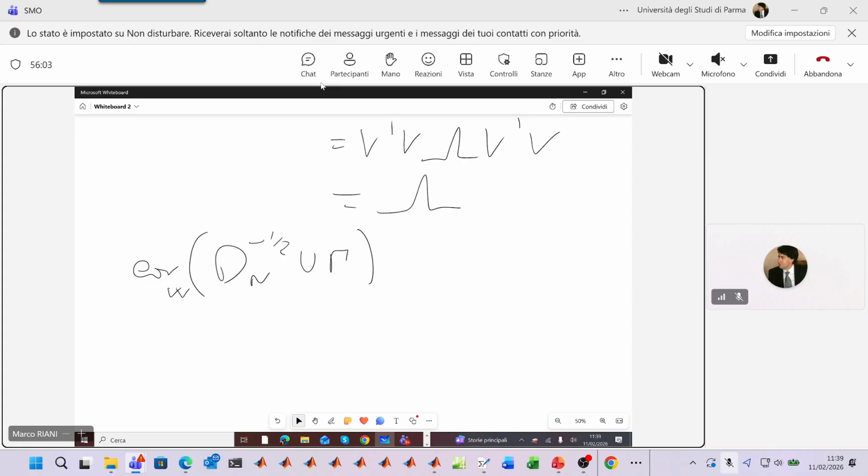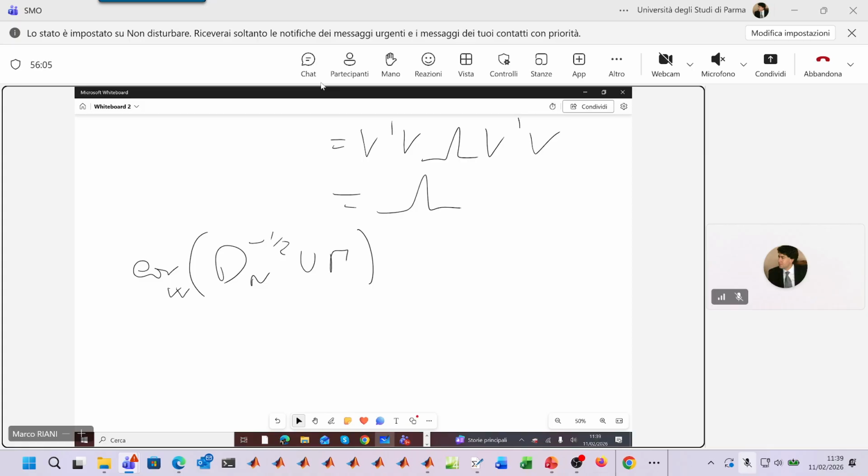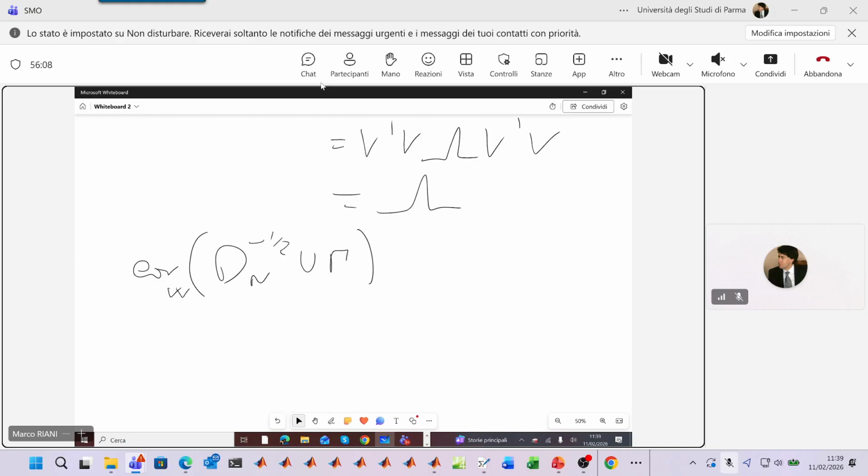Right, because here you have a weight, the importance of each column. So gamma prime, U prime, D_r to the minus 1 alpha, weighted.